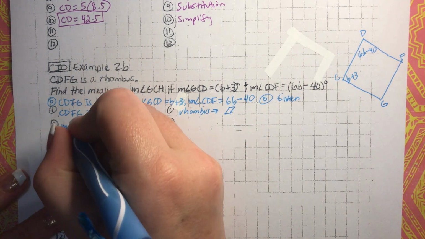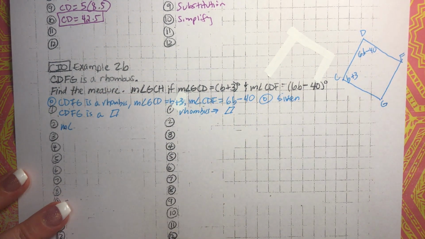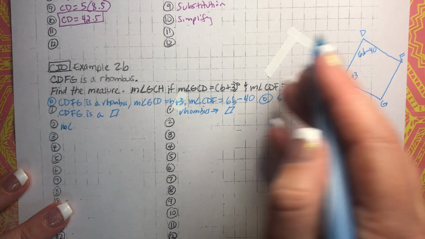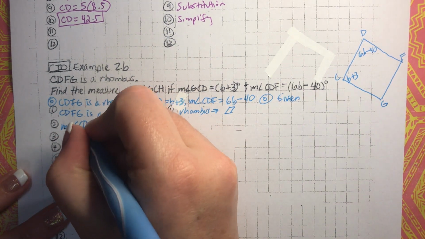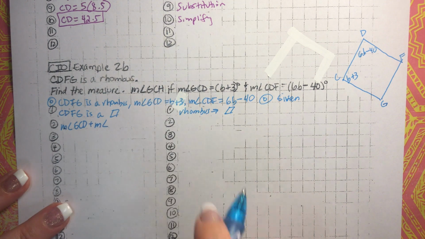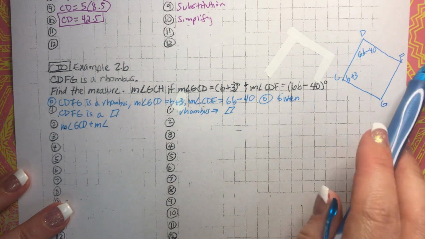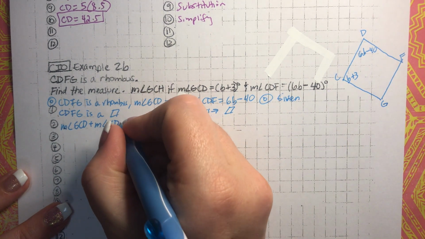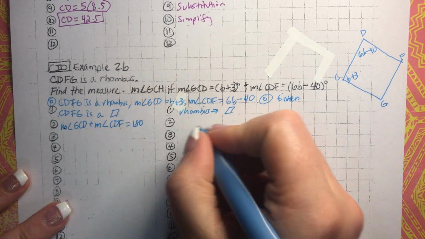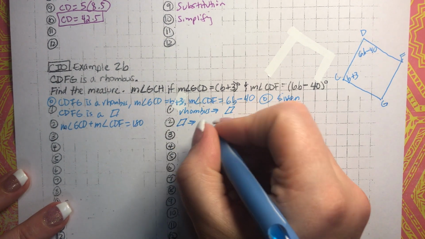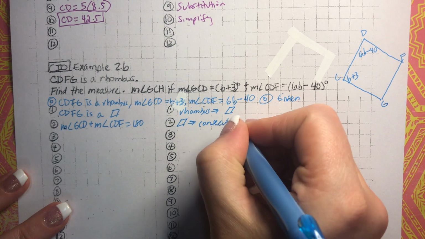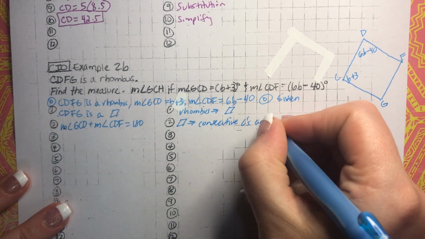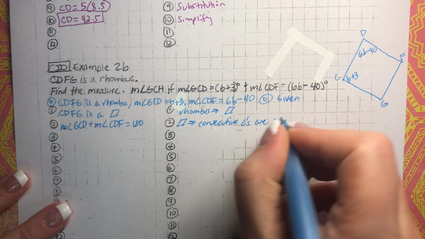The measure of angle GCD plus the measure of angle CDF equals 180 degrees, because if it is a parallelogram, then the consecutive angles are supplementary.